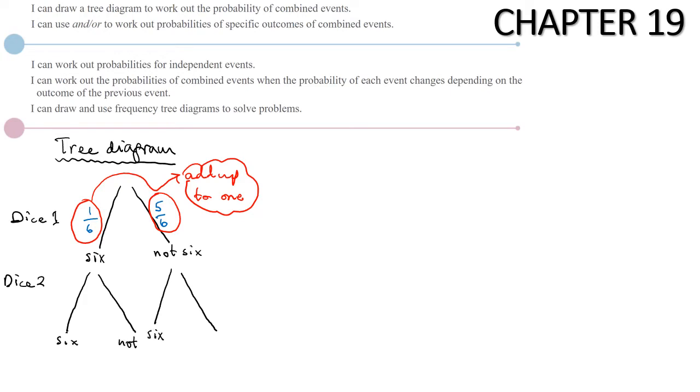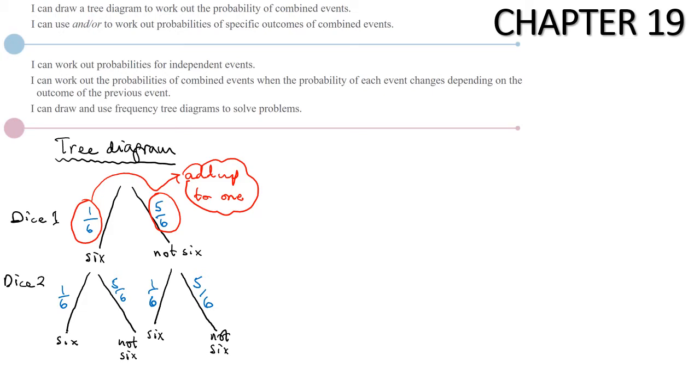Now these are going to be the same, so these probabilities repeat, so I'm just going to put 1 over 6, 5 over 6, 1 over 6, 5 over 6.